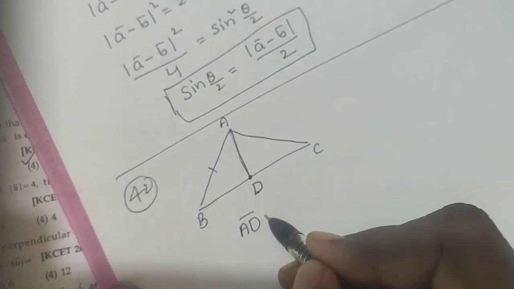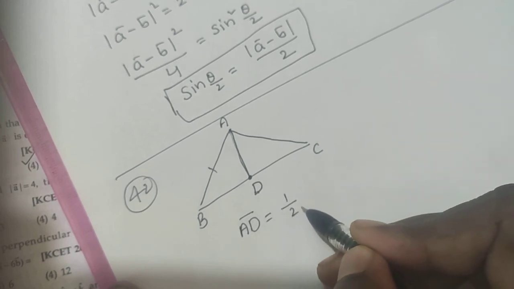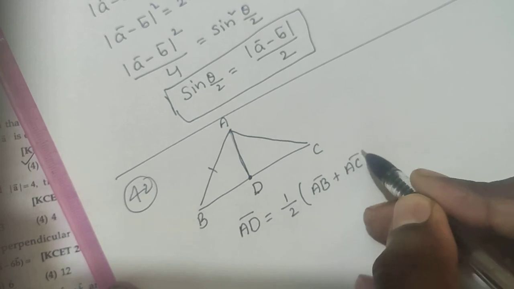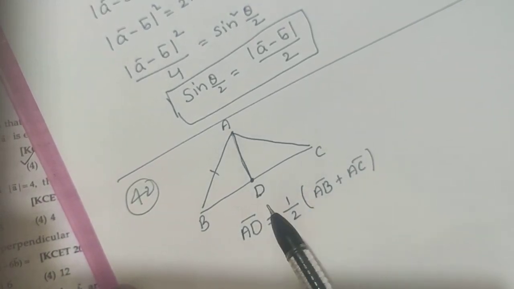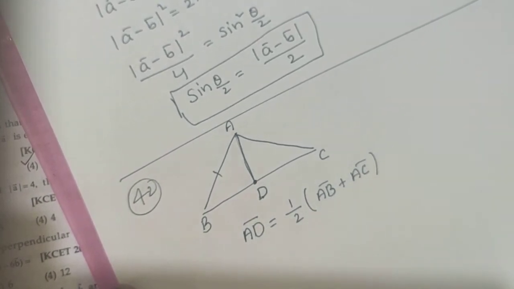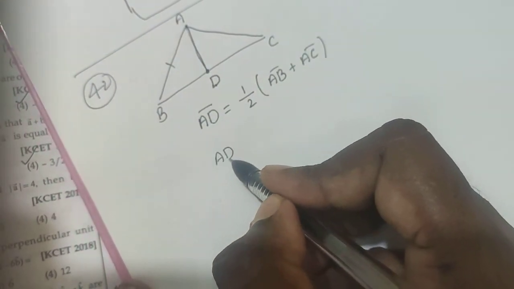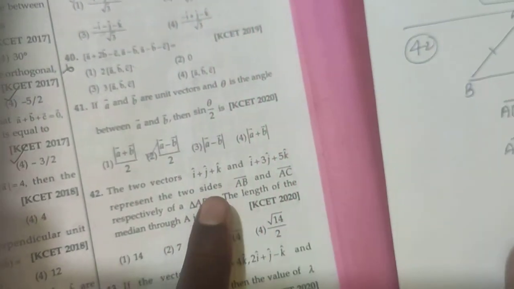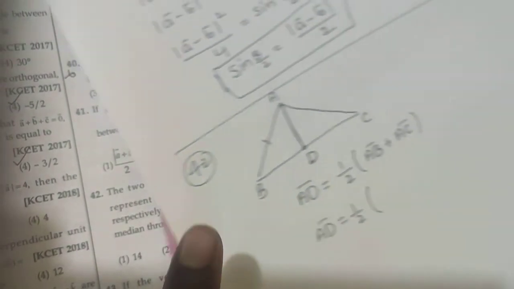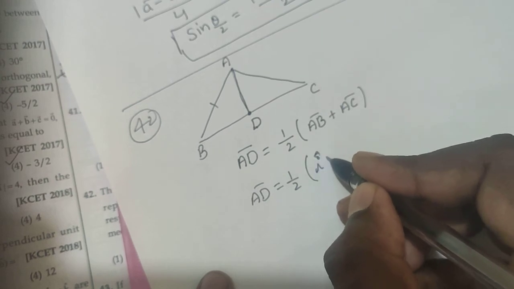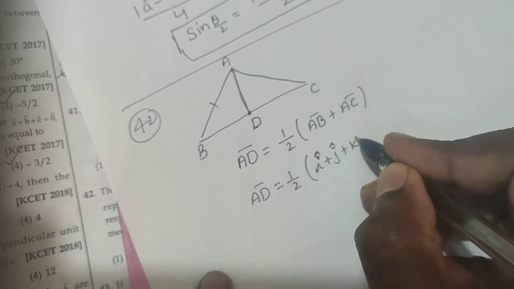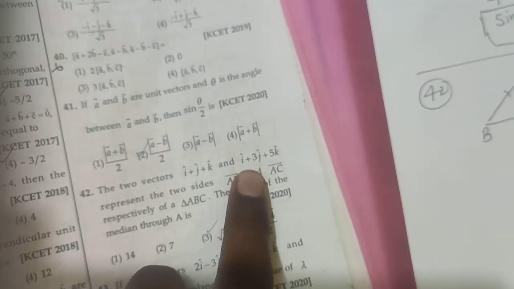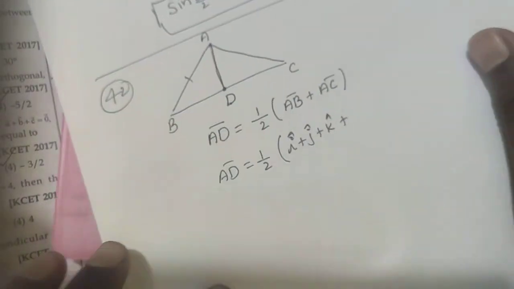Therefore we know the formula for AD bar equals half into AB bar plus AC bar. That is the formula in the synopsis I gave, A bar plus B bar by 2, the same concept. AD bar equals half into AB bar, the first vector they gave, I plus j plus k, next AC bar is the second vector, I plus 3j plus 5k.